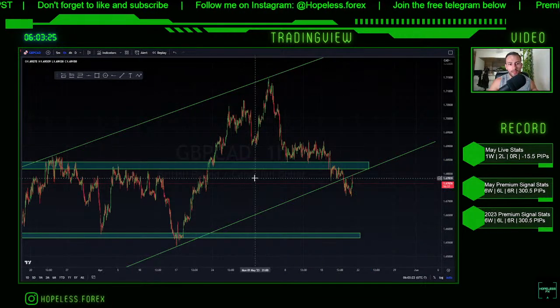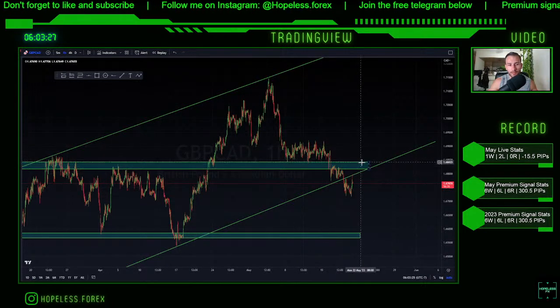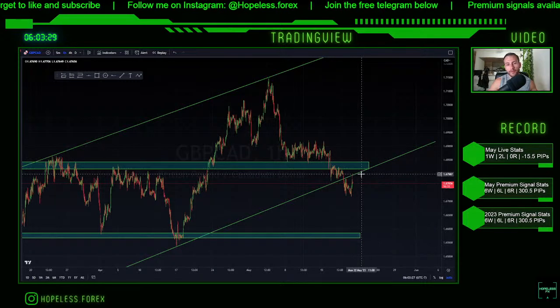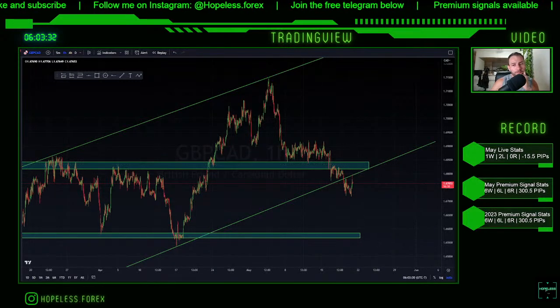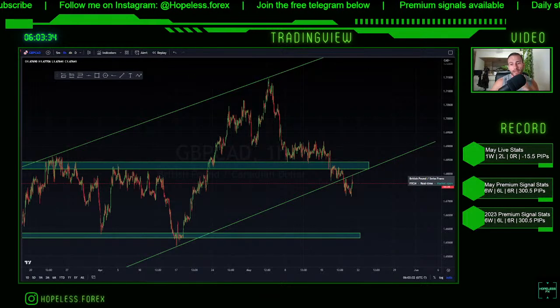Or not, just because we have this level of structure, a level that could be resistance. So we are just going to ignore GBPCAD and let it play out.